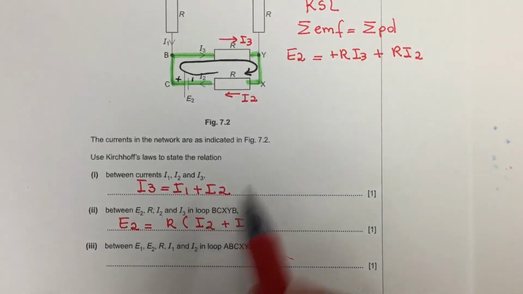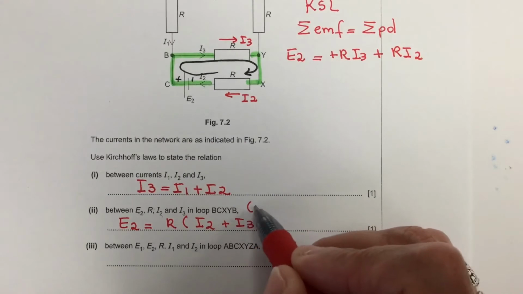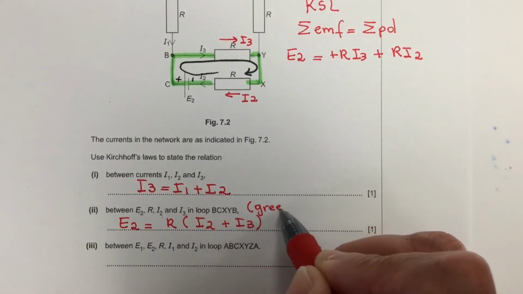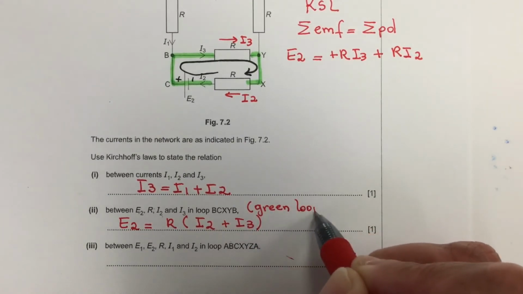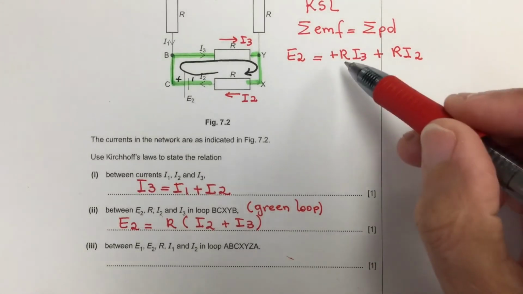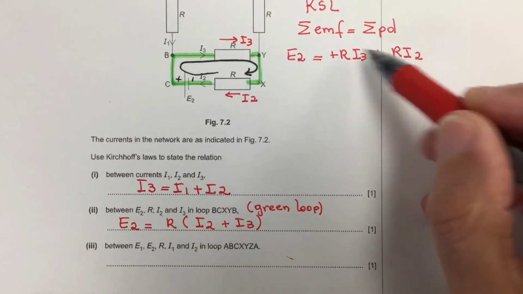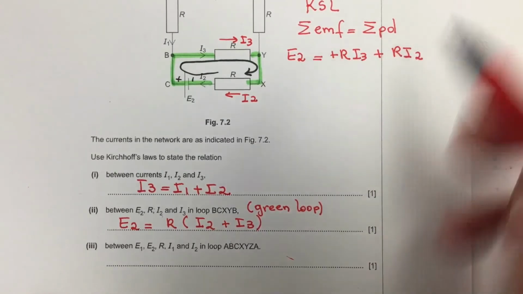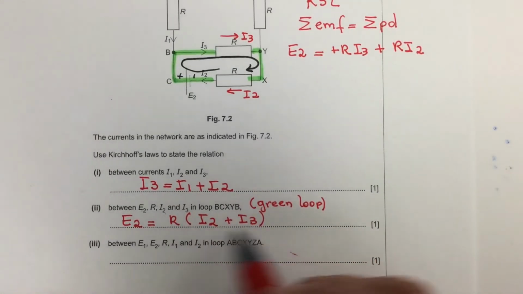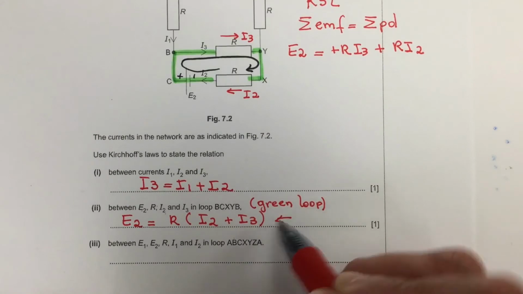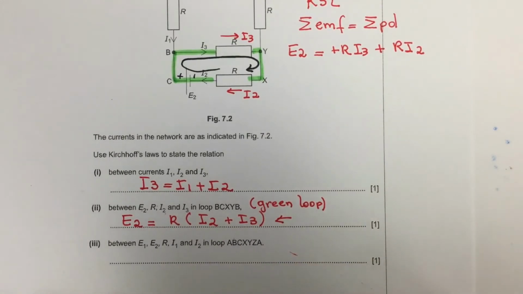So to answer this question, with the green loop, since R is a common term for both, we can arrange the equation and present it this way.